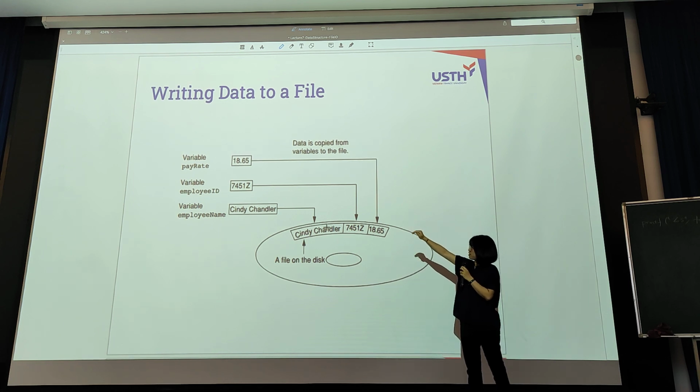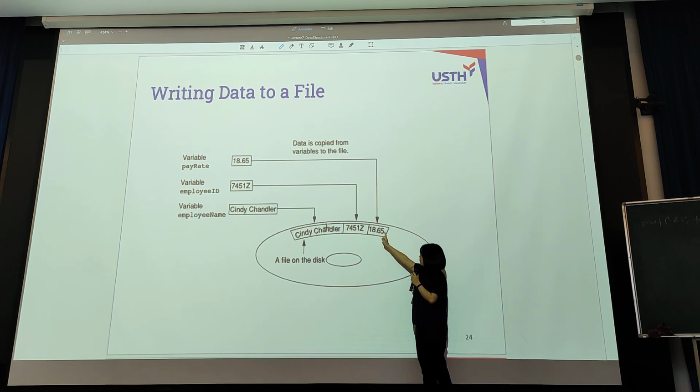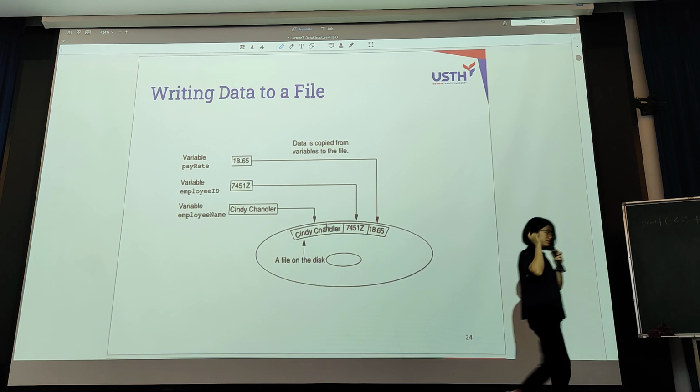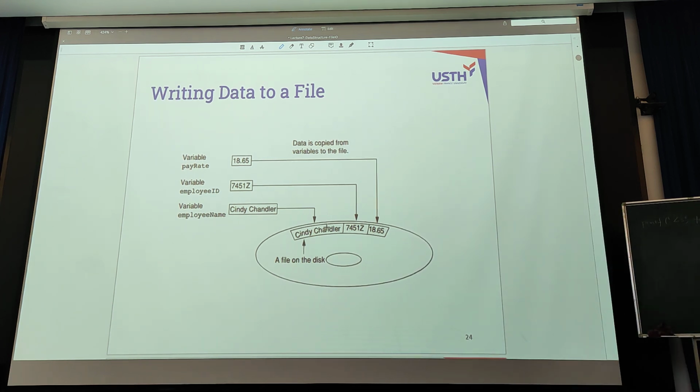You copy this value and etch it into the hard disk, and save it as a file. This process we call writing data to a file. Whenever a file is created, it's actually you writing. You copy some value, etch it into the hard disk, and save it.